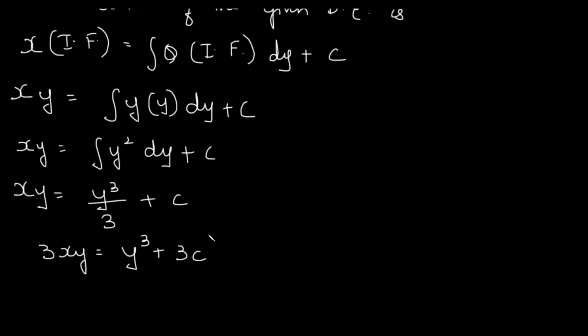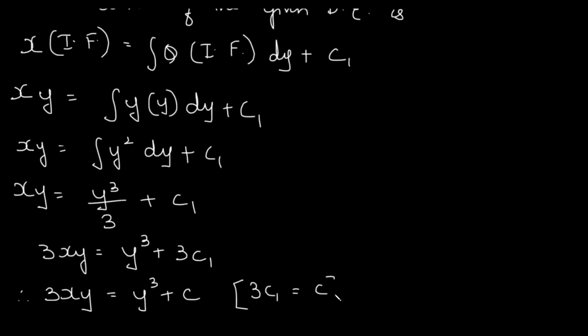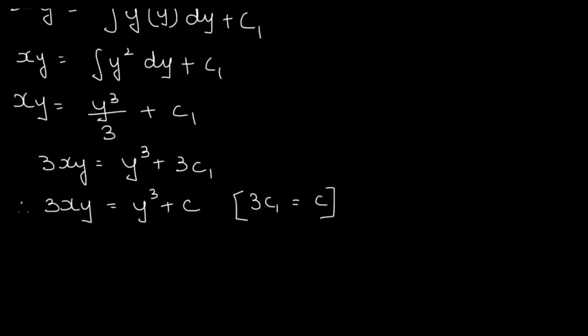Now 3c is another fresh constant, so we just write c1 everywhere. So we get 3c1, and in the next step 3xy is equal to y cube plus c, where 3c1 is equal to c, which is another constant obviously. So thus this becomes our final answer, that is it.